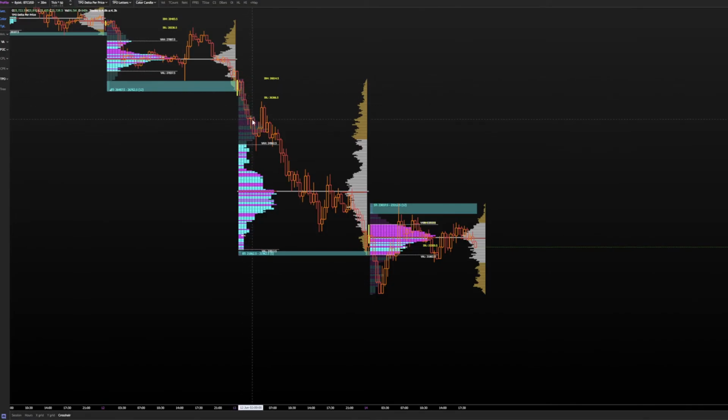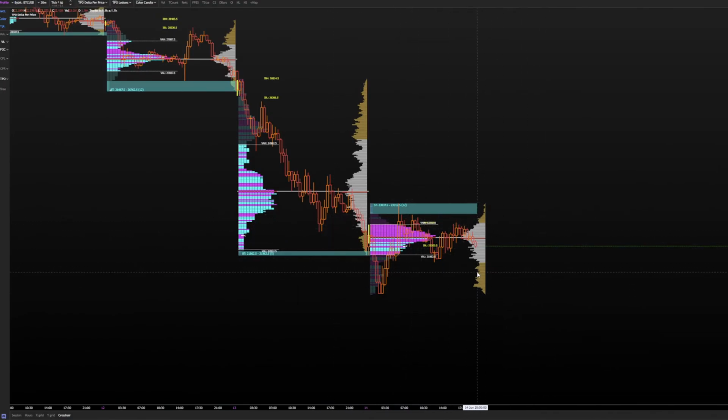We moved down, we bounced, we moved down again, poor volume, no single prints created, and then we found a range within the London session. So this is before New York wakes up. Then we've just got a range. We do eventually close down here. Still classed as a partial trending day.